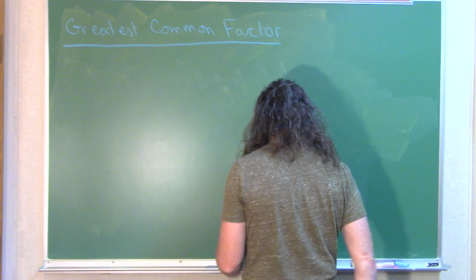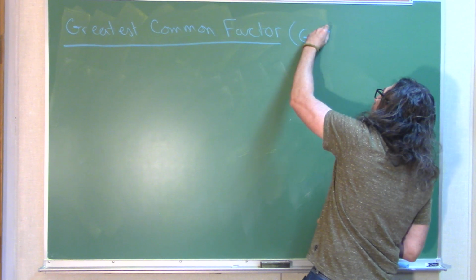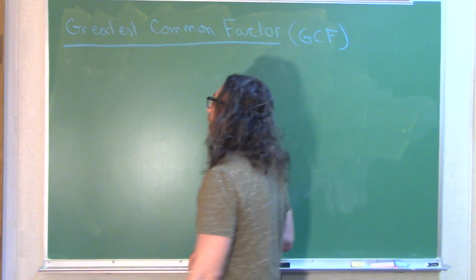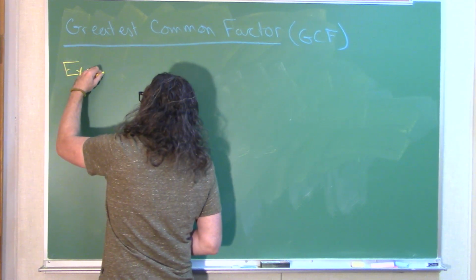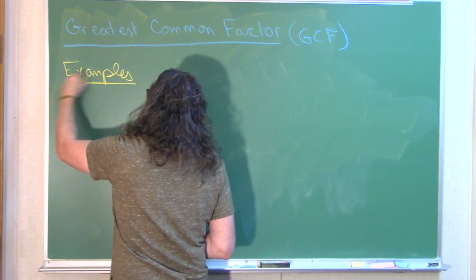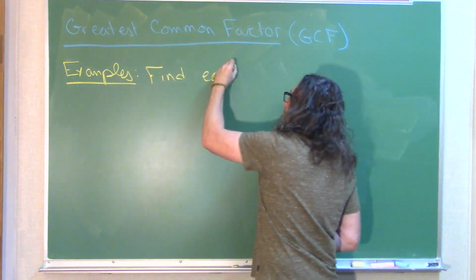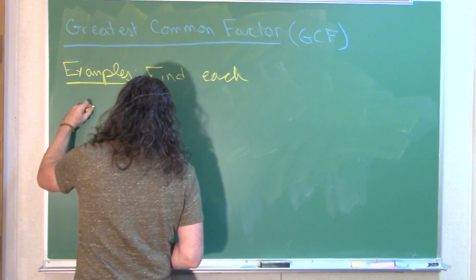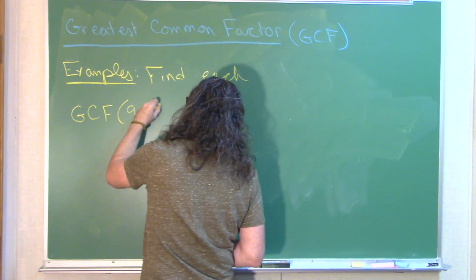We will abbreviate greatest common factor as GCF. So let's start out with the GCF of 9 and 12.